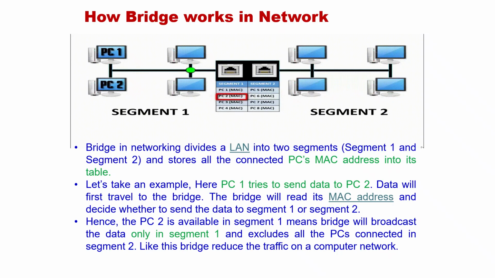So in this segment alone, if data is passed to PC2, only these two devices will be processing the data instead of 6, because we are reducing the processing that is happening on the remaining 4 devices. So that is one of the advantages of going for a bridge.